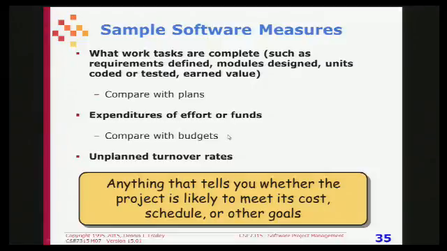Well, in the case of assignment 1, the money, if you will, is the hours you spent, but you're keeping track of that. Unplanned turnover. If a lot of people are quitting, then that tells you you have a schedule risk and a cost risk. Anything that tells you whether the project is going to meet its cost or schedule goals or any other project goals.